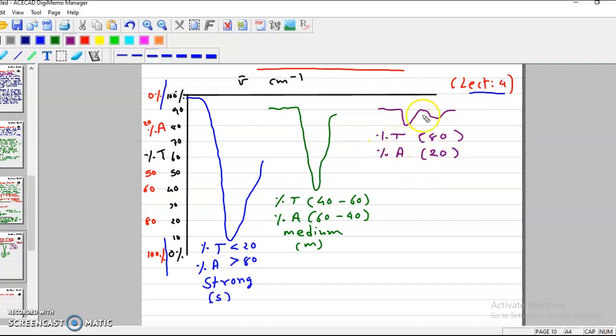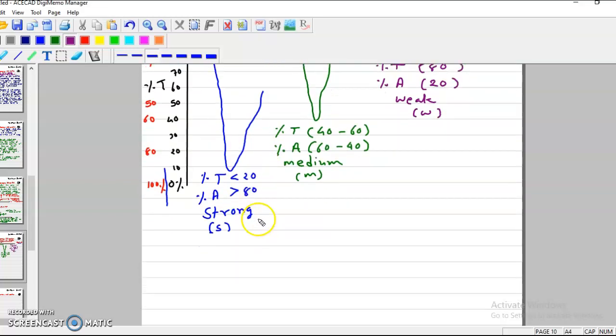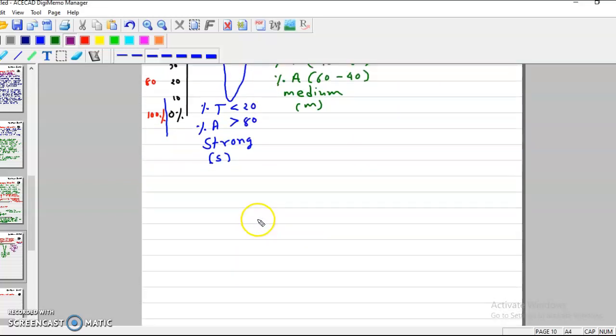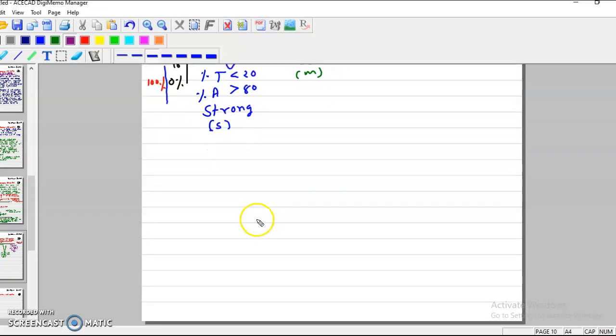Then this type of band is known as a weak band, and for that we use W. So this was the mistake I made with percentage transmittance in lecture number 4. Just make it clear. So this is the case for infrared bands: strong, medium, and weak.